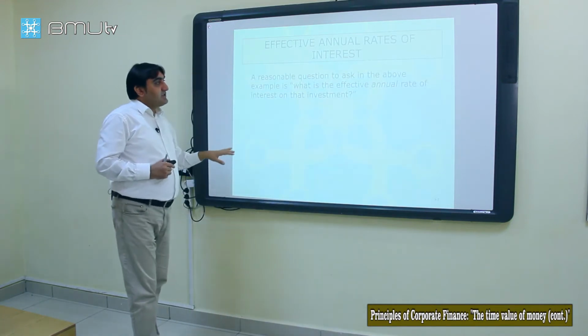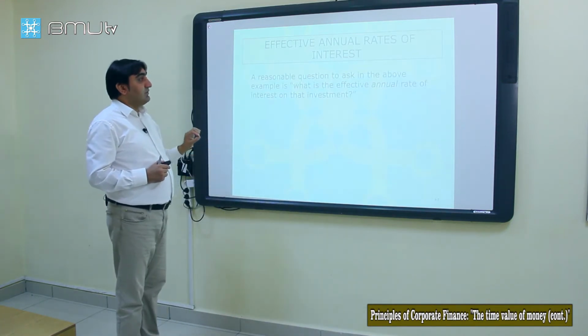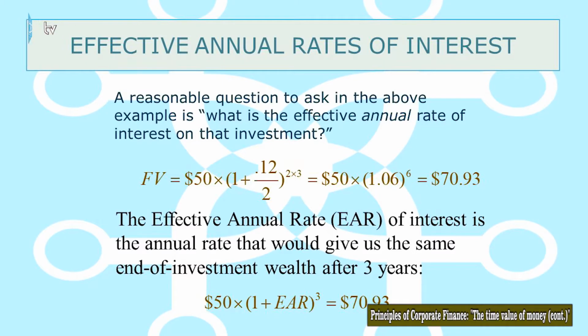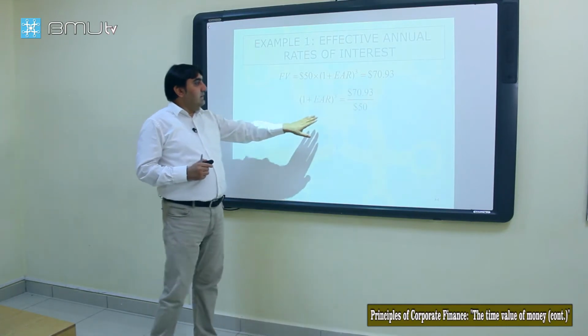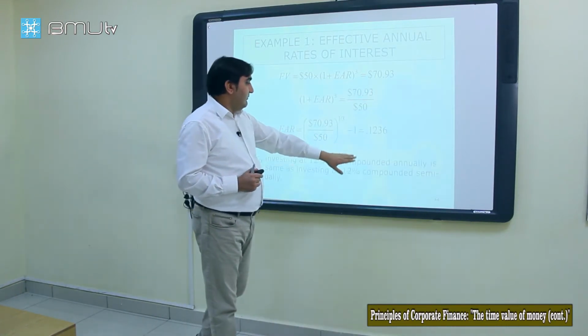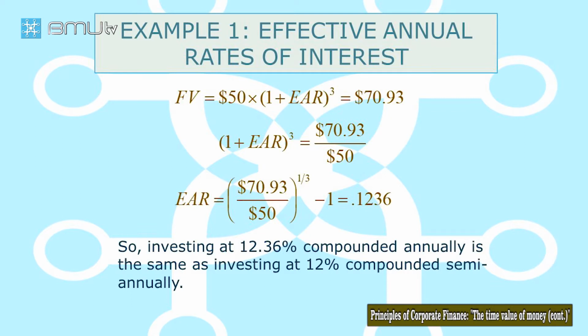A reasonable question to ask in the above example is, what is the effective annual rate of interest on that investment? The effective annual rate of interest is the annual rate that would give us the same end-of-investment wealth after 3 years. So the rate is 12.36%.